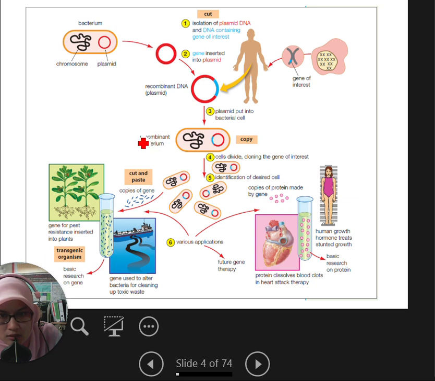In the recombinant bacteria, meaning the bacterial cells that have taken up this new plasmid, they have this new sequence in the plasmid. When they divide, they will clone the new plasmid together, so all the offspring have all that new DNA.